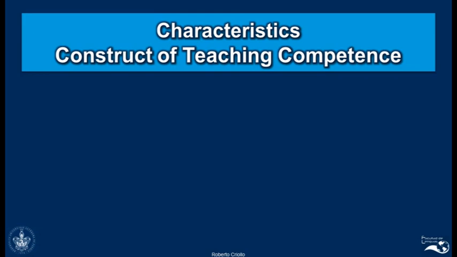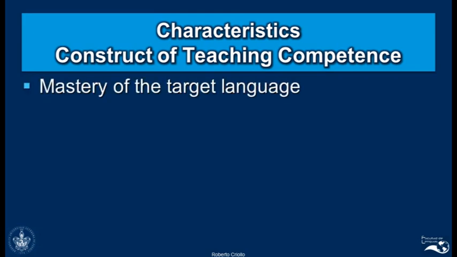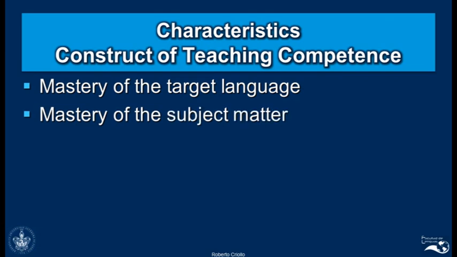And then if we think about it, teaching competence is made up of different elements. First of all, mastery of the target language. This means that to be competent, a teacher must have a good level of the target language that he or she is going to teach. The second element will be the mastery of the subject matter. So this means that the teacher should be very knowledgeable about the course that he or she is teaching.